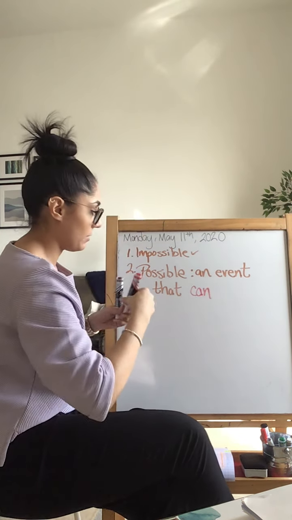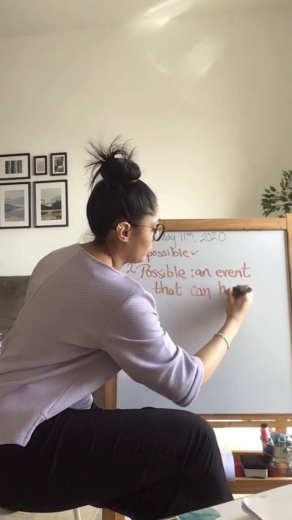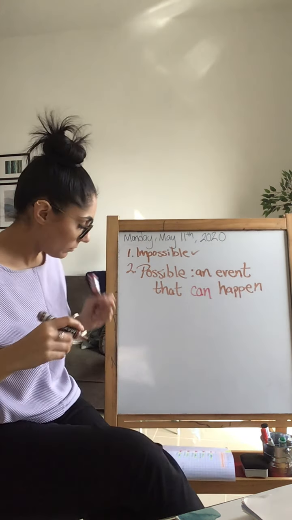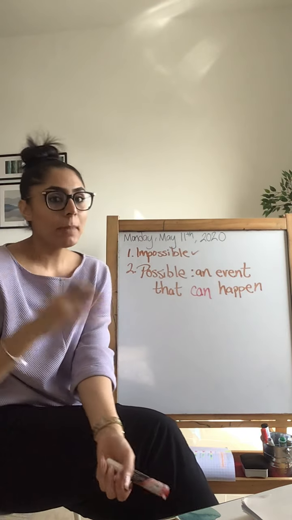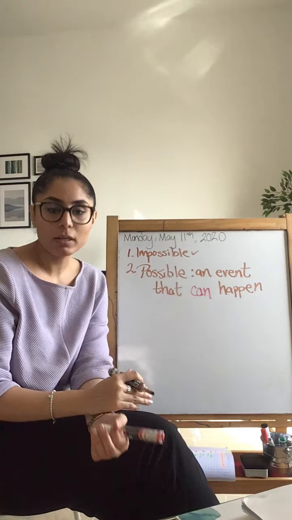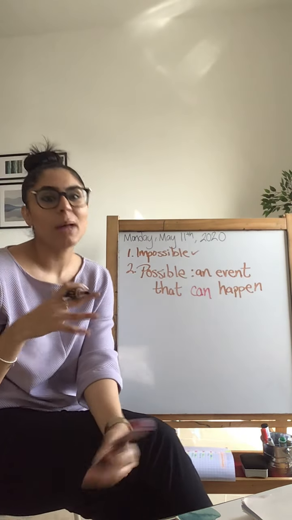It can happen. Not it will happen, but it can happen. So something that can happen, it's possible, right? It may not happen, right? It doesn't say it's certain, it's not for sure. It's possible, meaning it may happen, it may not happen. Think of it kind of like a maybe, right?